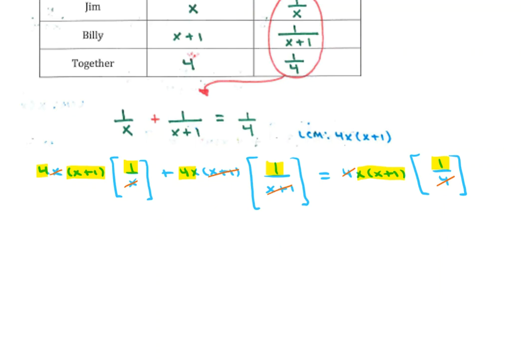So this is going to take on a cleaner form now. Once the dust settles with our first simplification on the left, we're going to have 4 quantity x plus 1. With regard to the second fraction, we're going to have simply 4x. And then on the right-hand side, we're going to have x, quantity x plus 1.